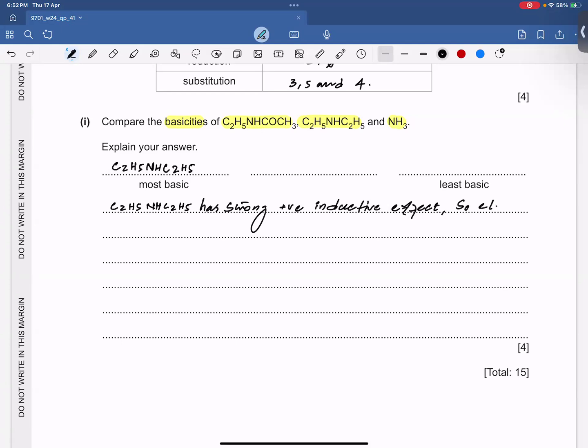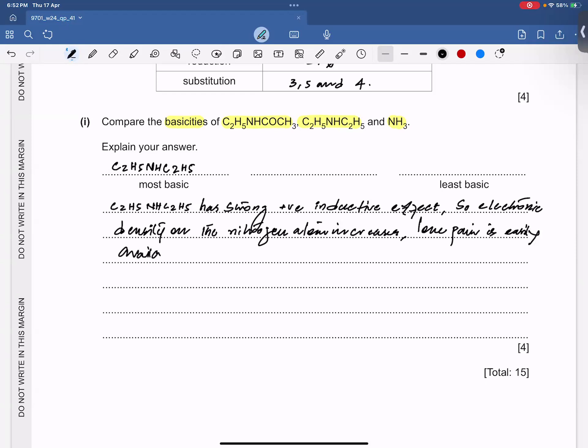So electronic density on the nitrogen atom increases. So lone pair is easily available for protonation. If lone pair is easily available for protonation, इसका मतलब stronger base है.